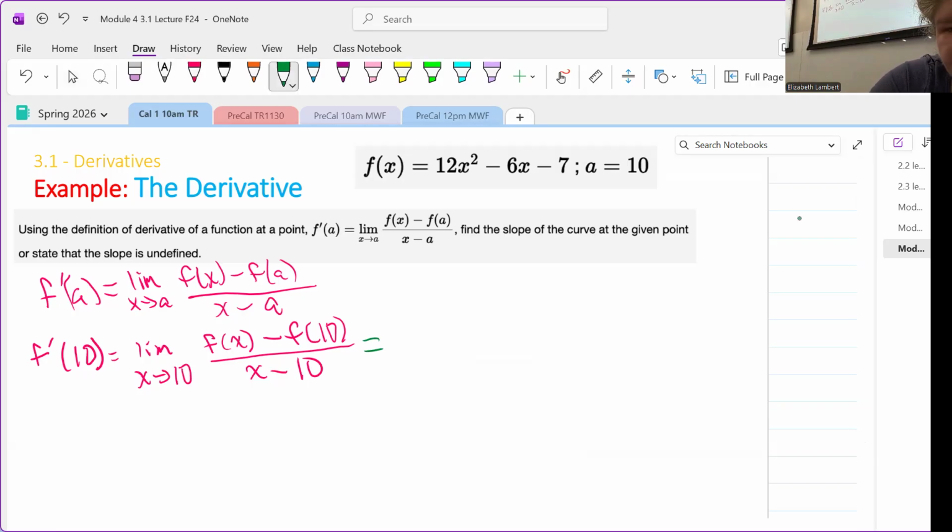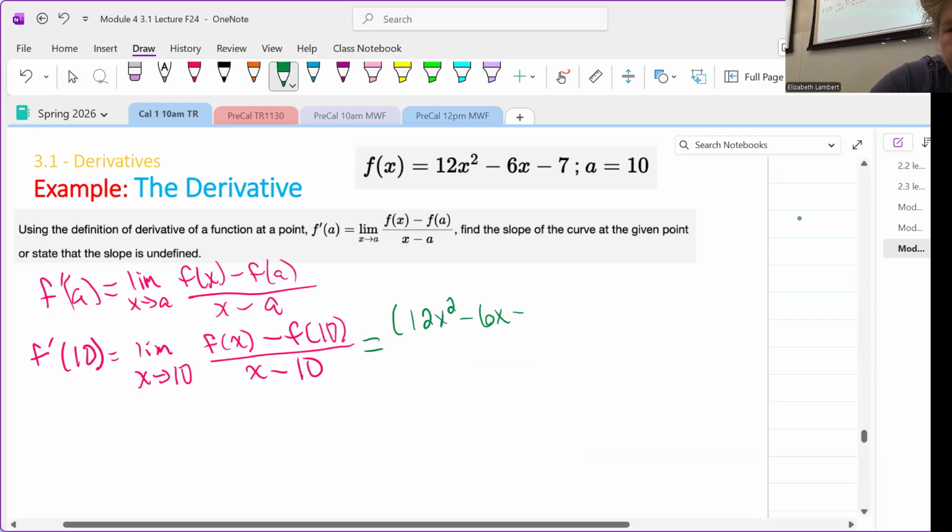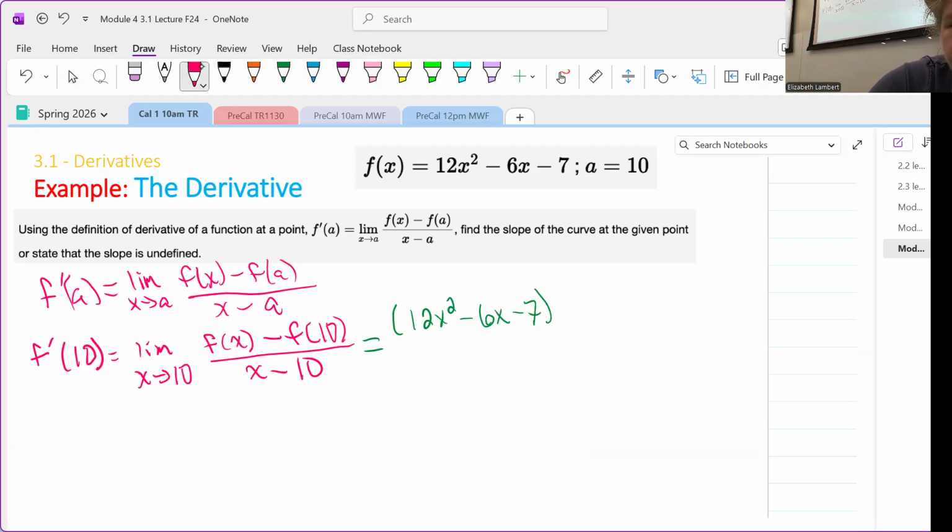So f of x is just the function itself, the 12x squared minus 6x minus 7, minus f of 10. We're going to have to do the same thing, but we're going to shoehorn in a 10, and that's going to equal some number. And then that's all over x minus 10.